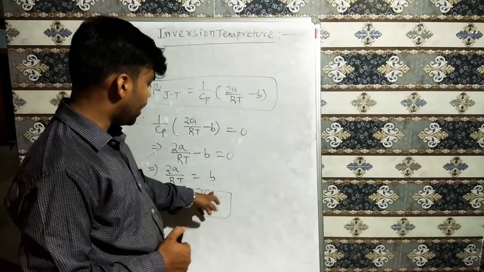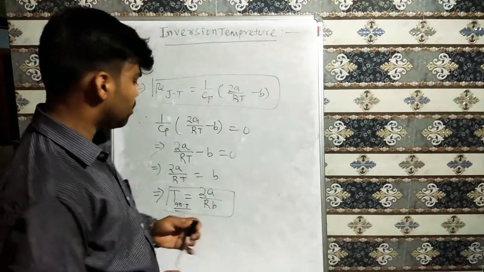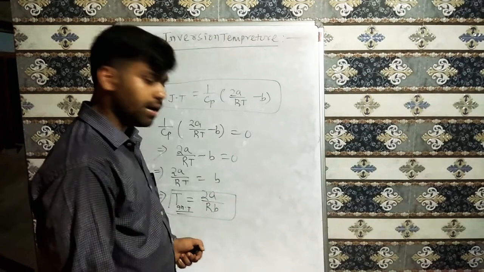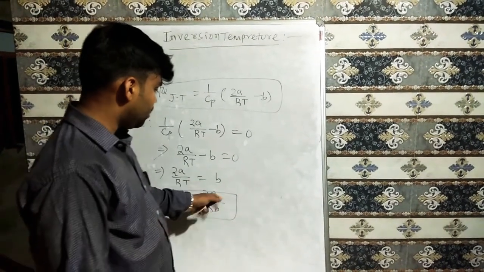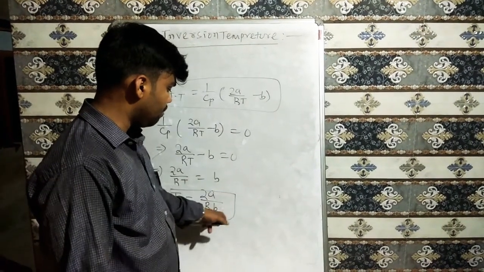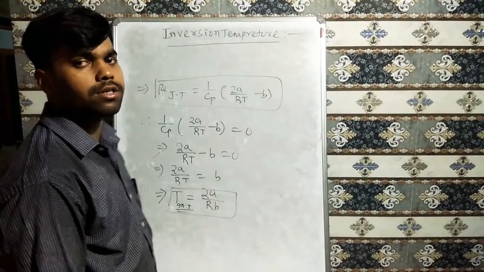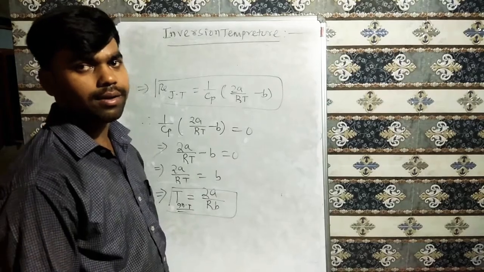And here a and b are the two van der Waals constants, and R is the universal gas constant. Hence, by using the values of a, b and R, we can find the inversion temperature for a real gas. Okay, thank you.